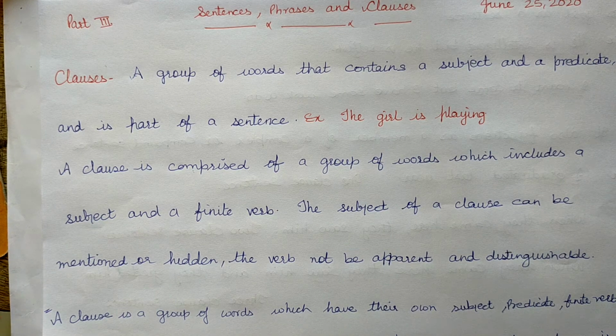In clauses we read the one clause sentence, two clause sentence and three clause sentence, and we read independent and dependent clauses also. So go through these definitions, rules and examples thoroughly to understand the difference between sentences, phrases and clauses.